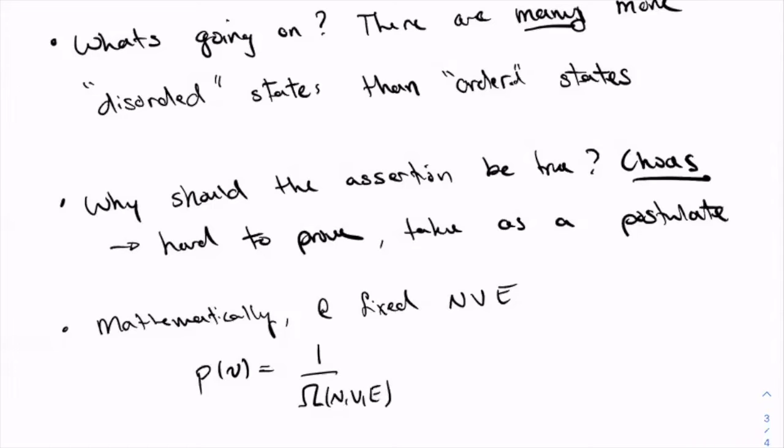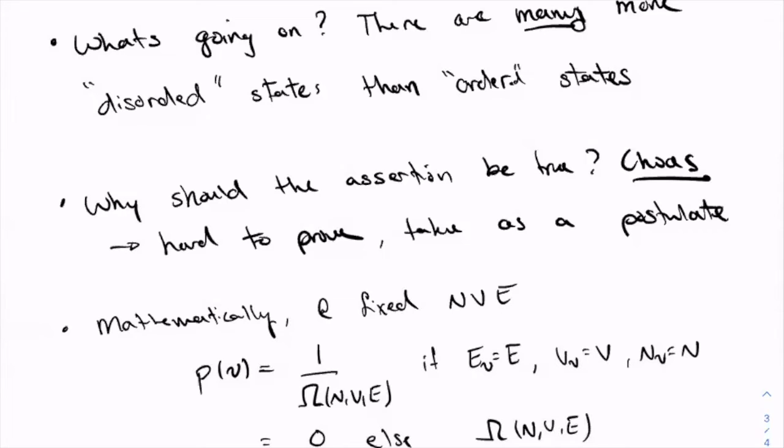That constant then is just one over the number of microstates, and this is a constant if the energy of this specific microstate is the energy I fixed, the volume is the volume, and the number is the number. It's 0 else, and this omega then just counts up the total number of microstates that are allowed.